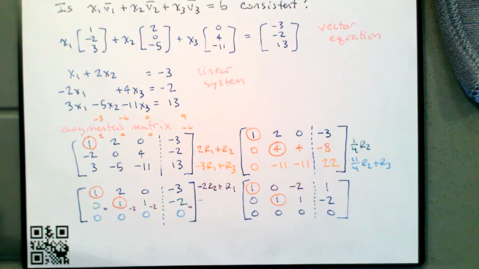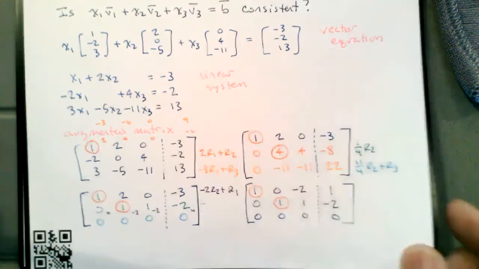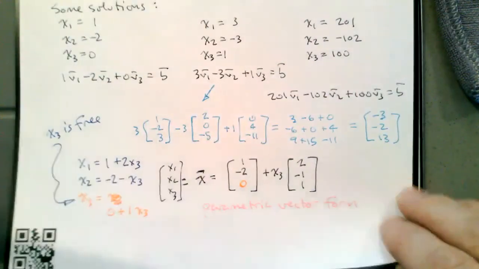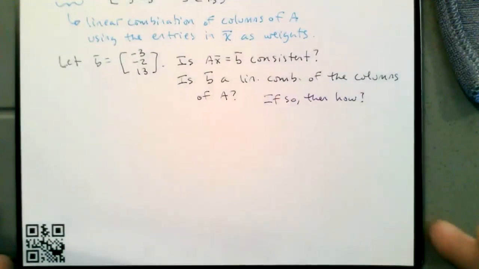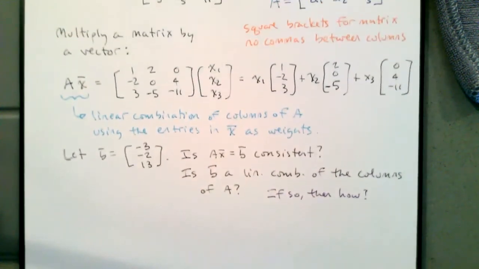More representation is better. Sometimes it's going to be efficient to describe things one way or the other. But it all comes down to making linear combinations of vectors. It's going to be fun. If we get this sorted out now in chapter 1, then when we get to chapter 4, it's going to be like, hey, didn't we do this before? And I'll be like, oh yeah, chapter 4 is just chapter 1, just more generalized.